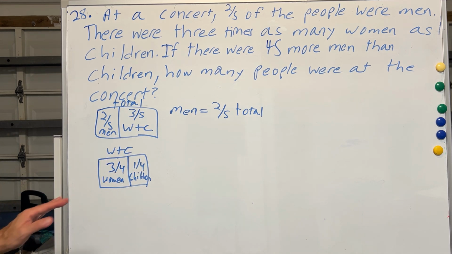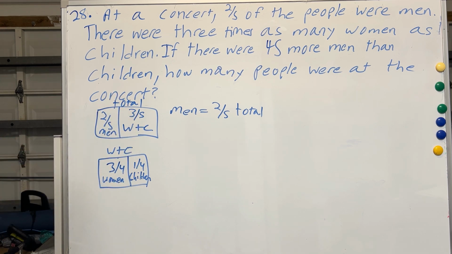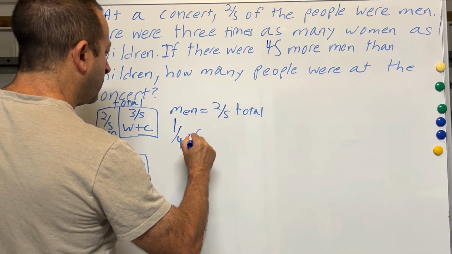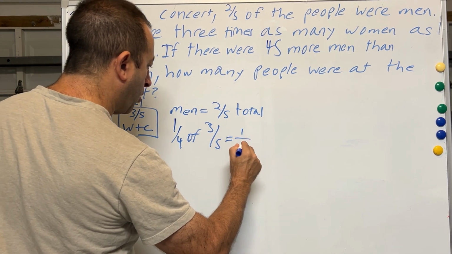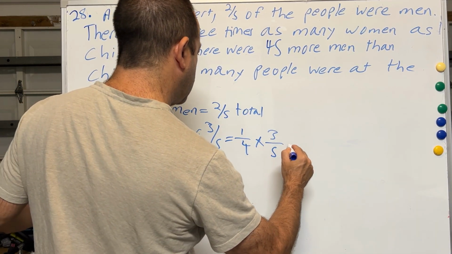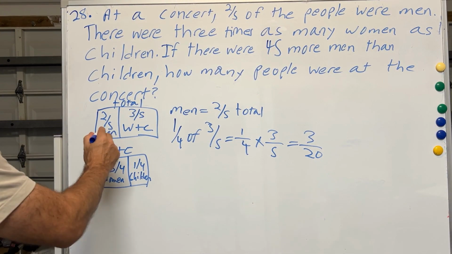And what that means in English is children are 1/4 of the 3/5 that were left when you took out the men. So 1/4 of 3/5 equals 1/4 times 3/5 equals 3/20.